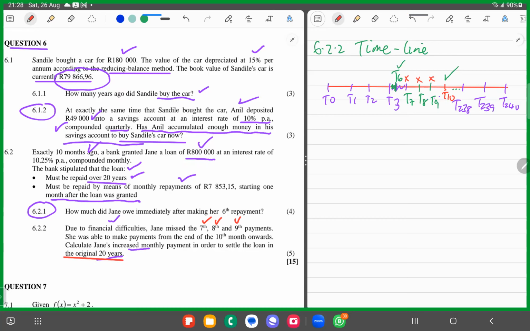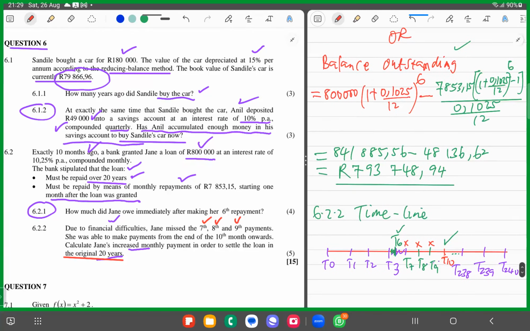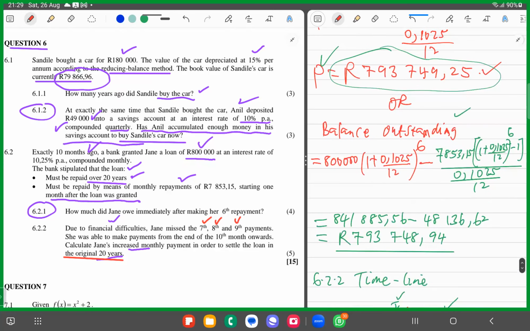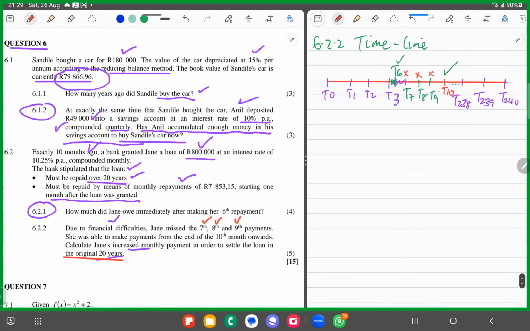Right, so a couple of things obviously you need to consider here. You would realize that after making the sixth payment, Jane was owing 793,000. Which means the time that Jane was not making the payments, this 793,000 was also increasing.